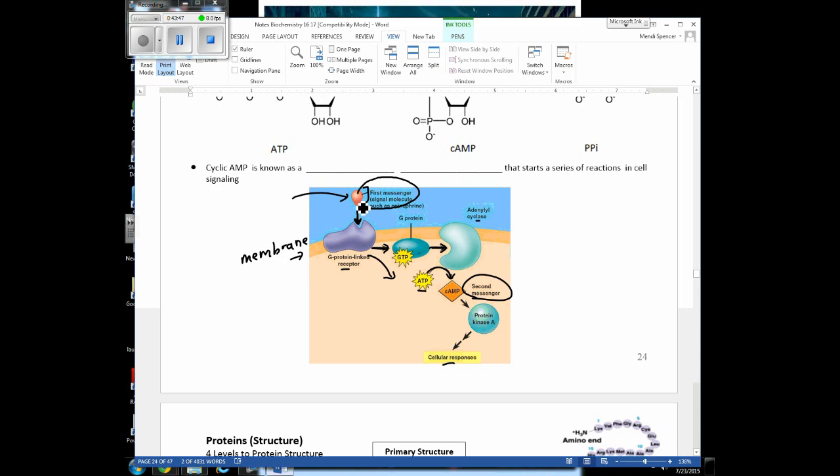This hormone was considered the first messenger, and the cyclic AMP is called a secondary messenger because it's going to signal a bunch of different molecules inside of the cell, in the cytoplasm. It's important in many signaling pathways that we're going to take a look at.